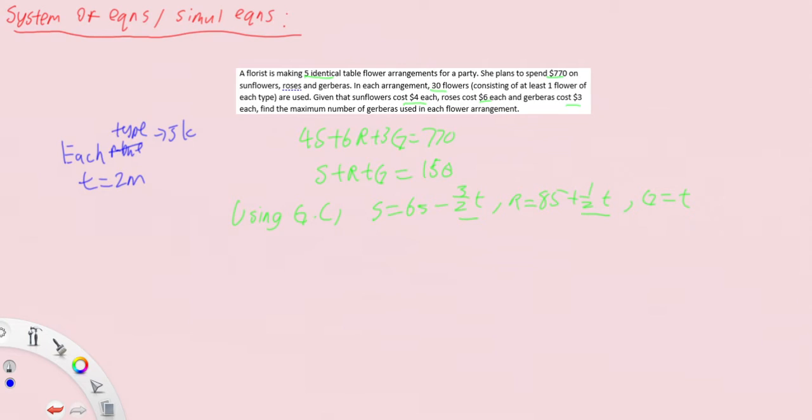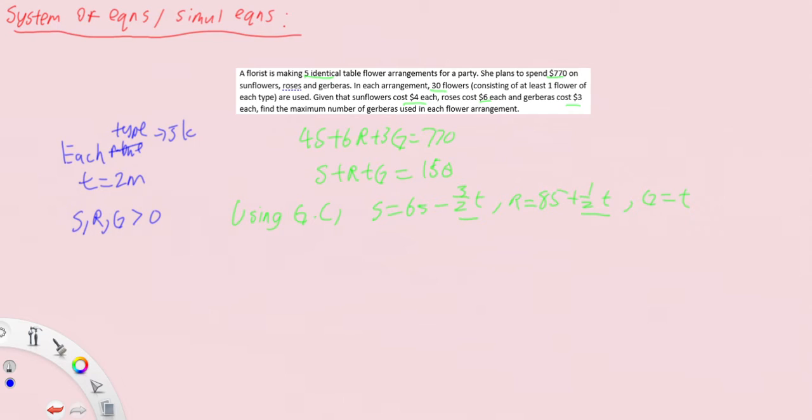So we kind of have a clue. So what we want to do now is find the multiple of 5 and 2, which is 10. So we know that t has to be some multiple of 10, right? Because each type has to be 5k, and t is an even number, it has to be a multiple of 10. But you don't have to really deduce that, right? Then the third condition, basically, S, R, G must be bigger than 0, must be positive, right?